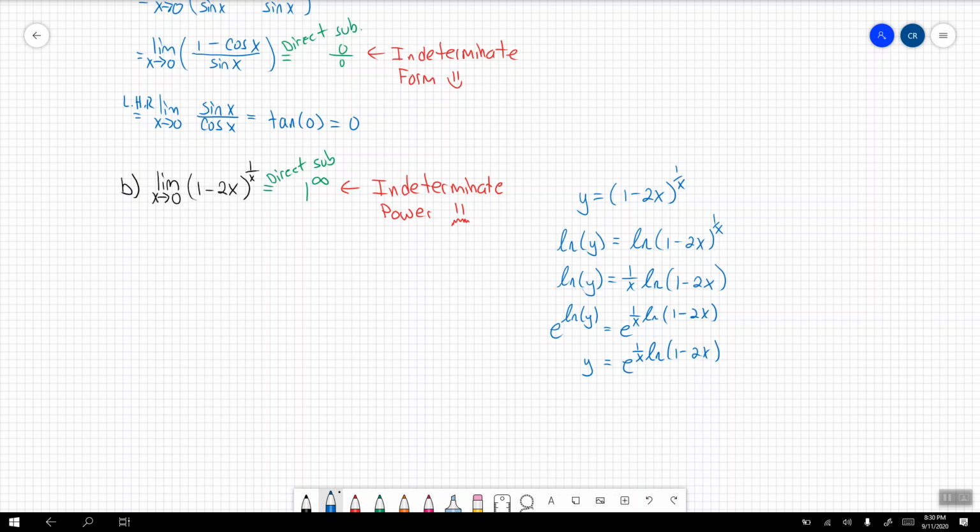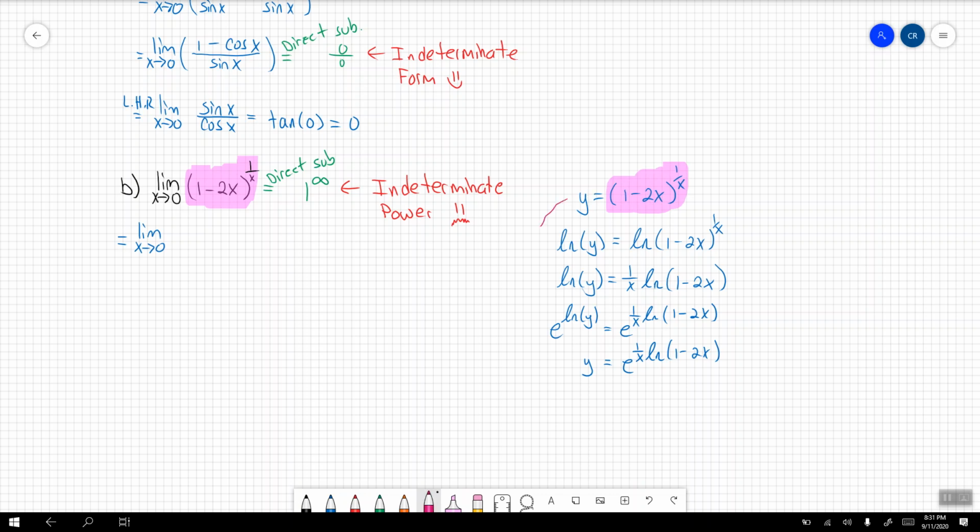Now, this is where I want to be. Because now, as I'm going to take the limit as x is approaching 0, notice my function, and I'm going to highlight this in a different color, my function, which was 1 minus 2x to the power of 1 over x, that was this function on the right-hand side of your screen, which we said was equal to y.